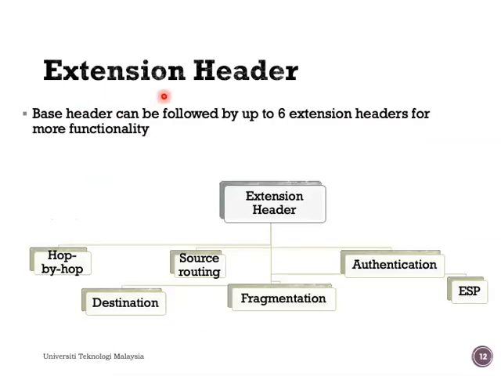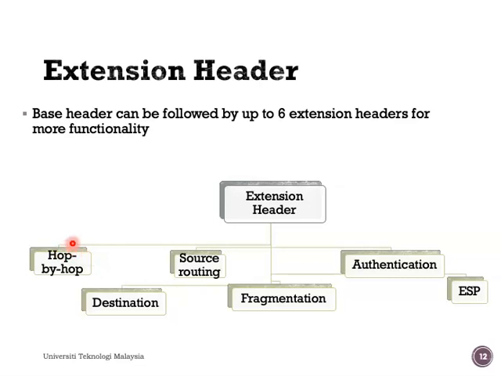Right. So this is the extension header, which can follow the base header. It serves to give IPv6 more functionality. There are 6 categories of extension header. The first one is hop by hop. Hop by hop is used when the source needs to pass information to all routers visited by the datagram.